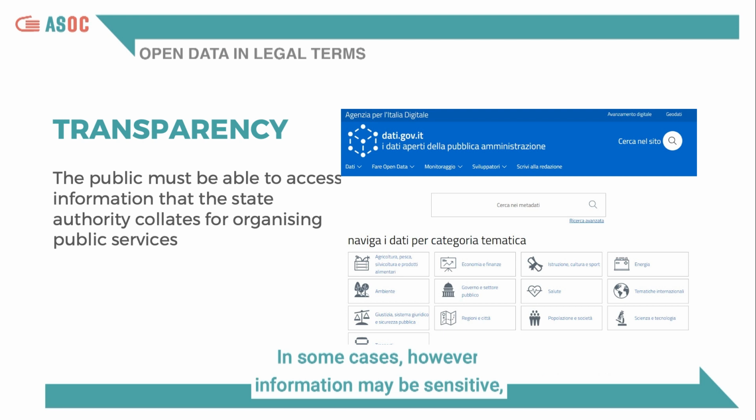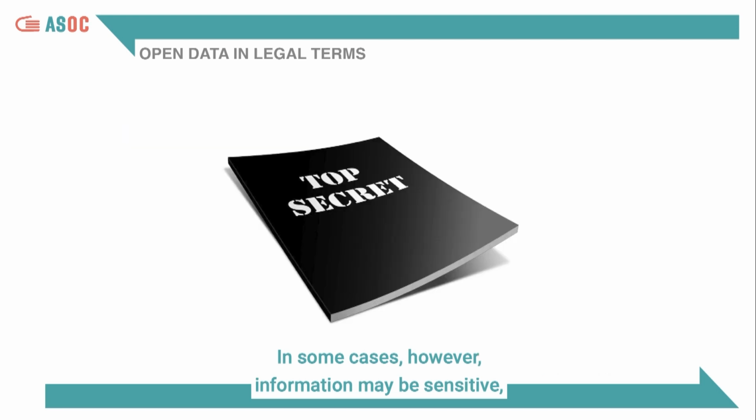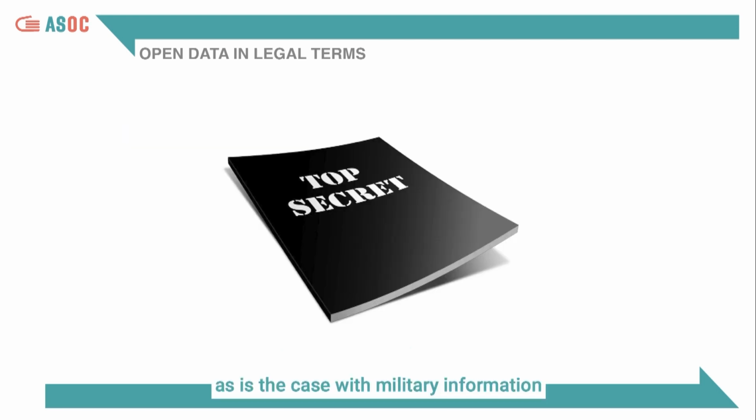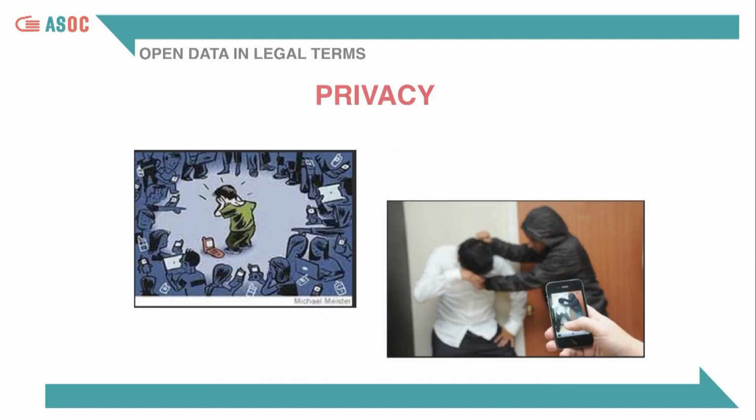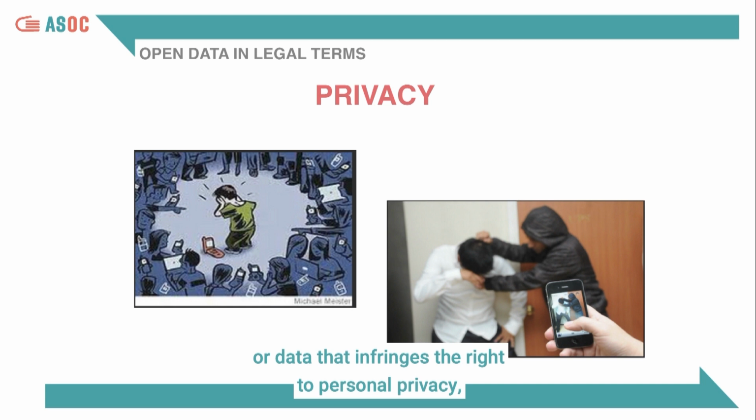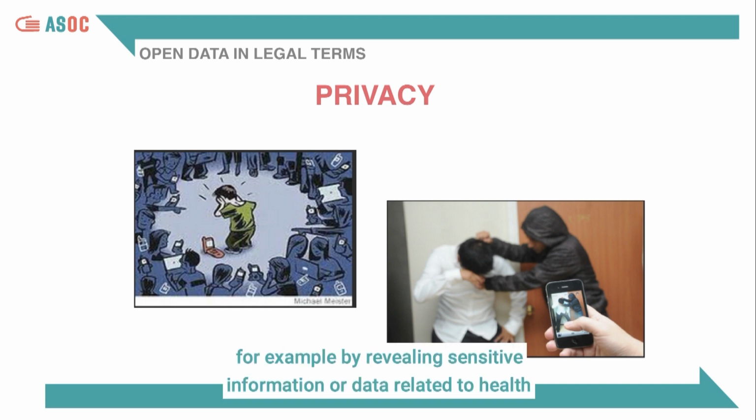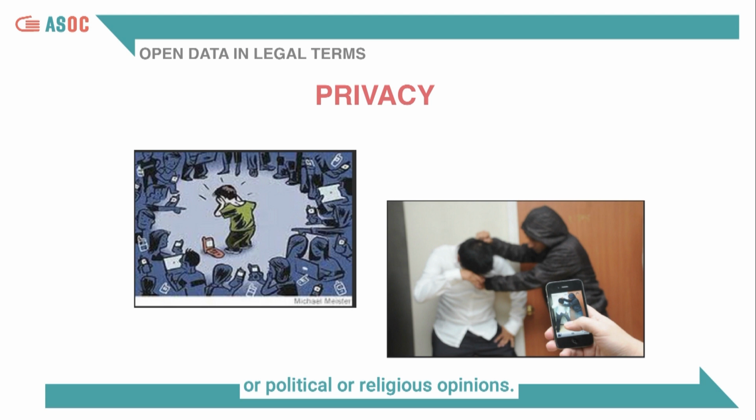In some cases, however, information may be sensitive, such as military information or those covered by state secrecy, or the data that infringes the right to privacy of persons, for example, by revealing sensitive information or data connected to health information, political or religious opinions.